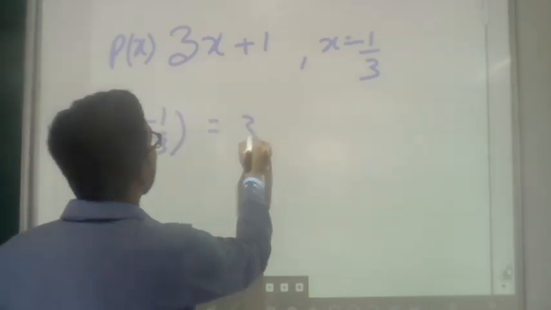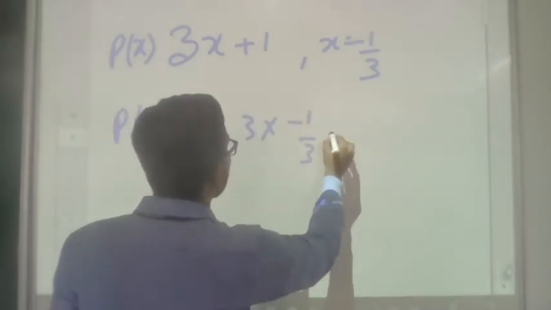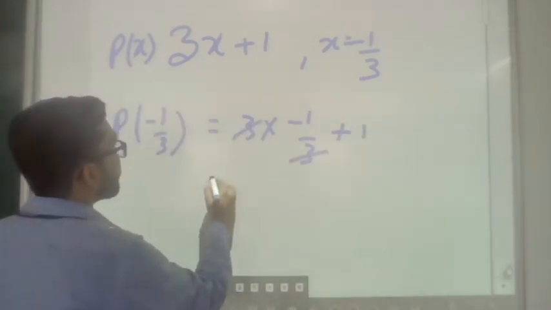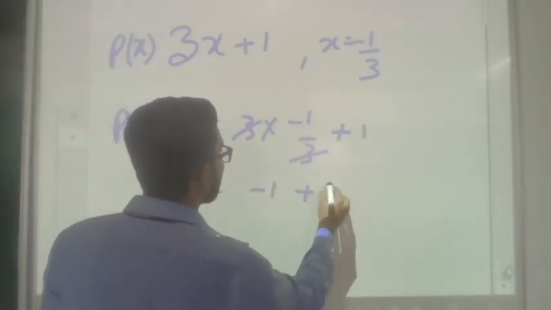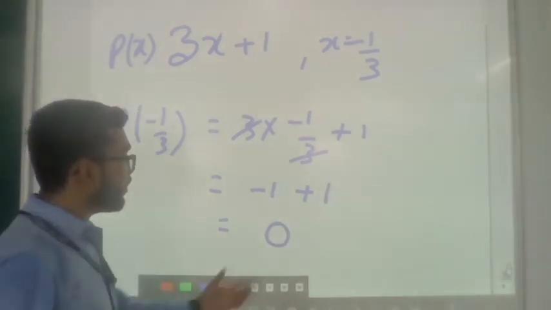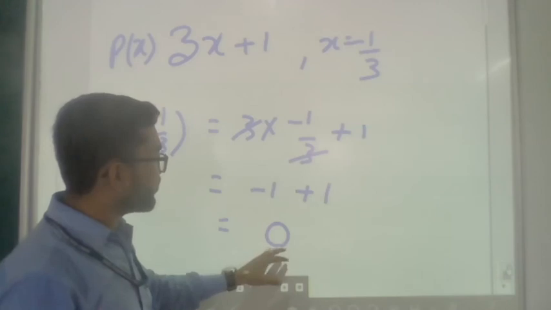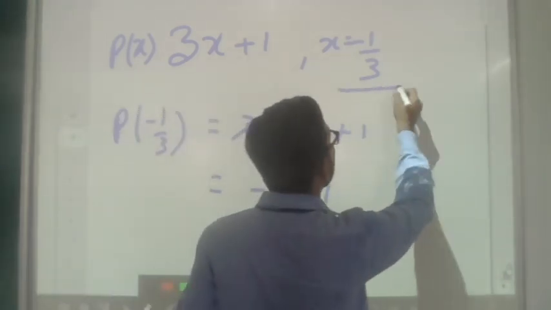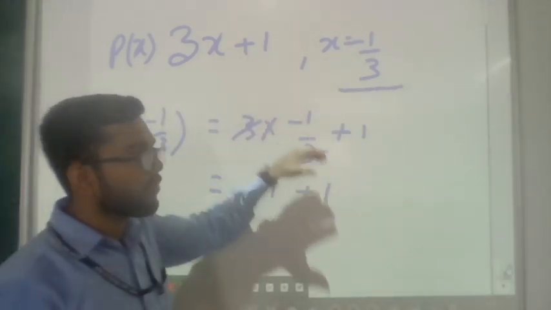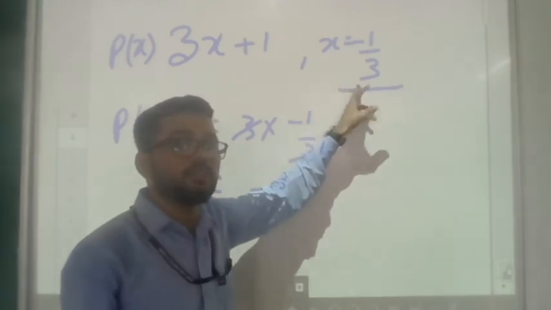We get 3 into minus 1 by 3 plus 1. 3 and 3 cancel, minus 1 plus 1. Minus 1 plus 1 becomes 0. So we obtain the value of this polynomial as 0. That is why this is a zero of this polynomial. So it will be verified.